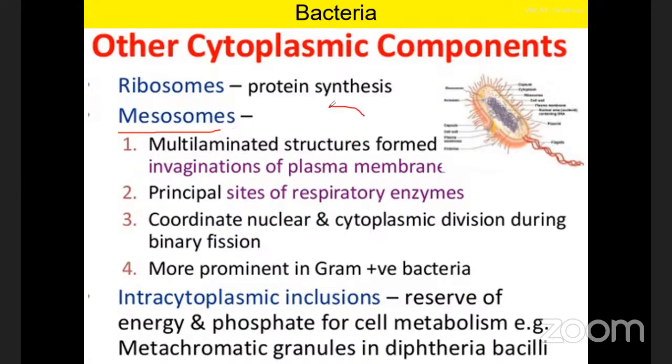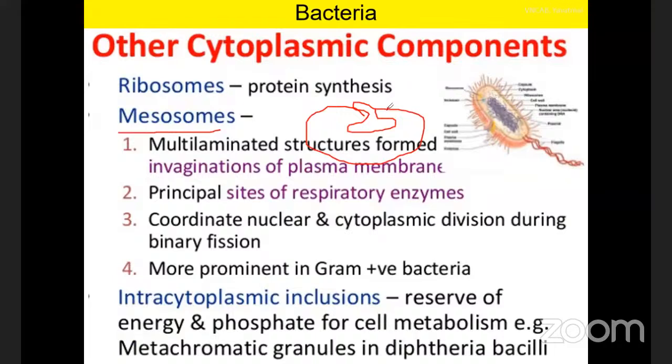The plasma membrane of the bacteria folds inside, and it forms a special lobed structure that we call the mesosome.